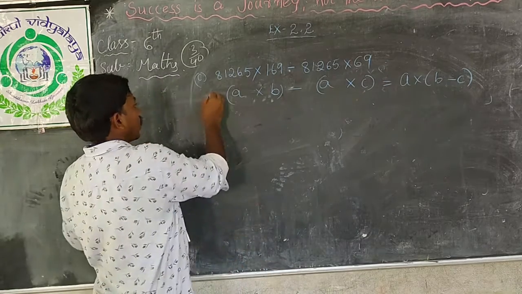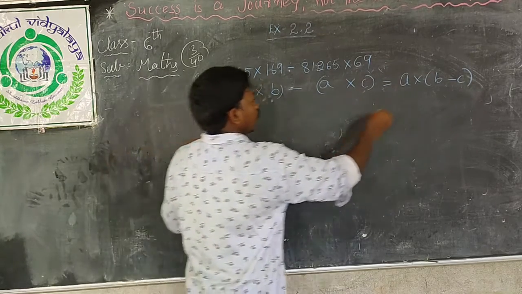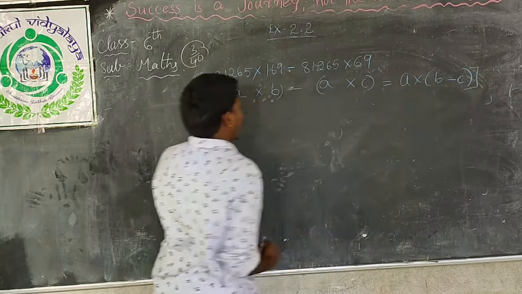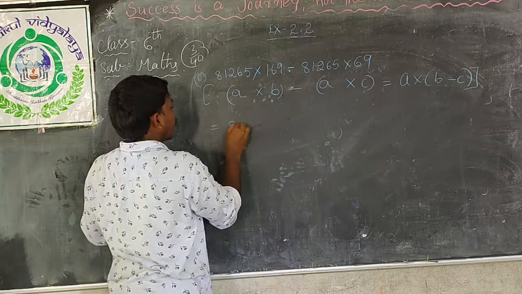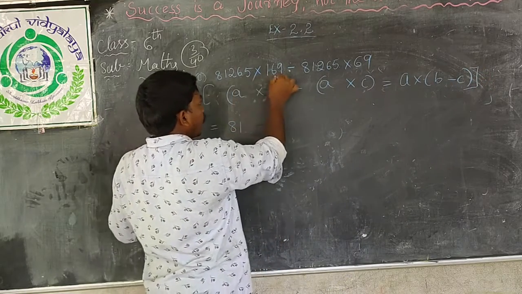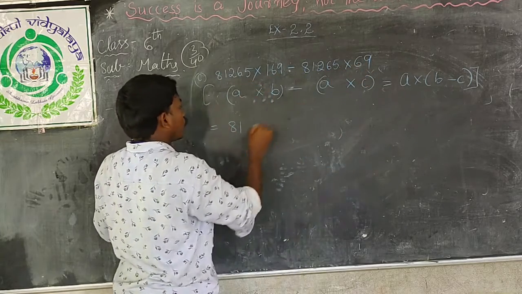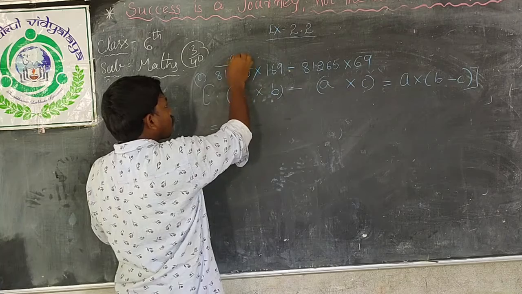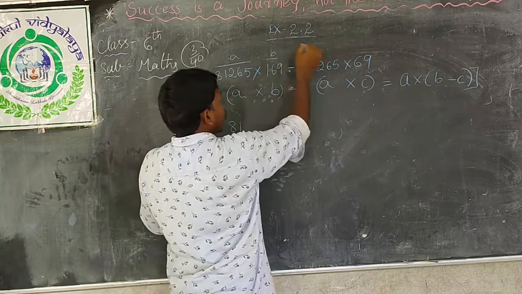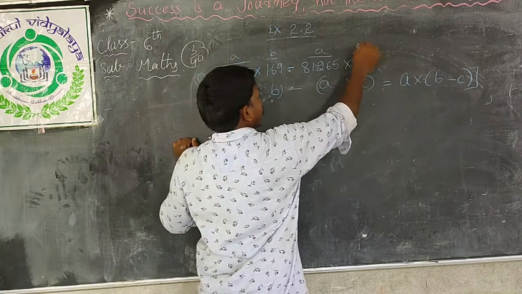Okay? See the children, apply this formula, we get the easy value. A into B minus A into C is equal to A into B minus C, where this is A, this is B, this is C.